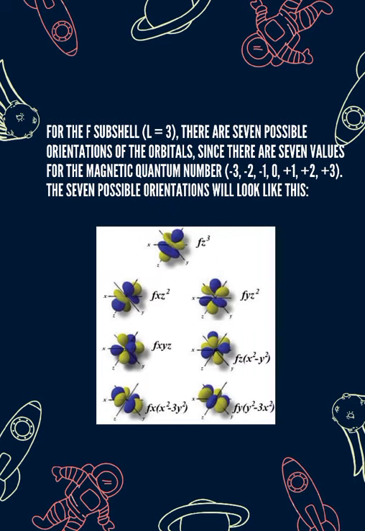And for the f subshell, l is equal to 3, there are 7 possible orientations of the orbitals, since there are 7 values of the magnetic quantum number: -3, -2, -1, 0, +1, +2, +3. The 7 possible orientations will look like this.